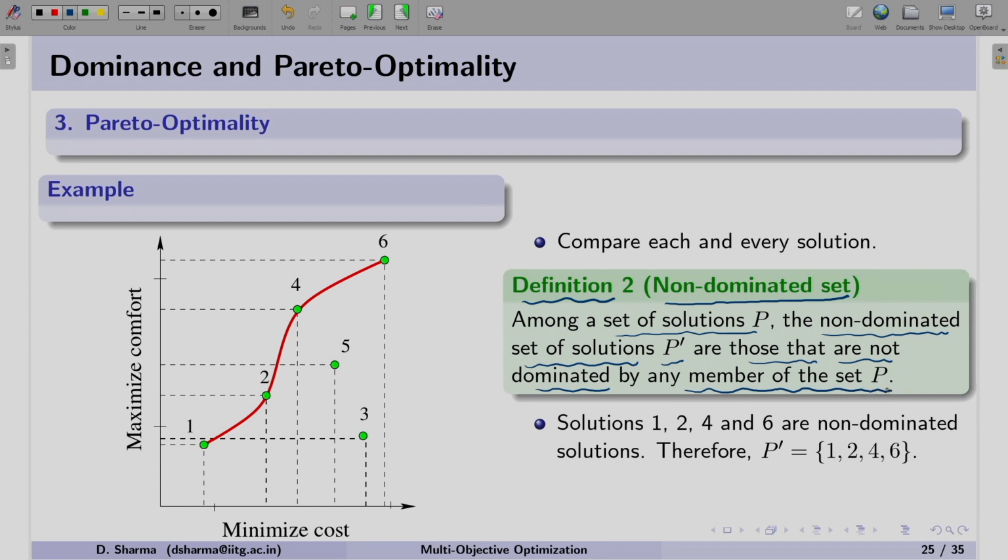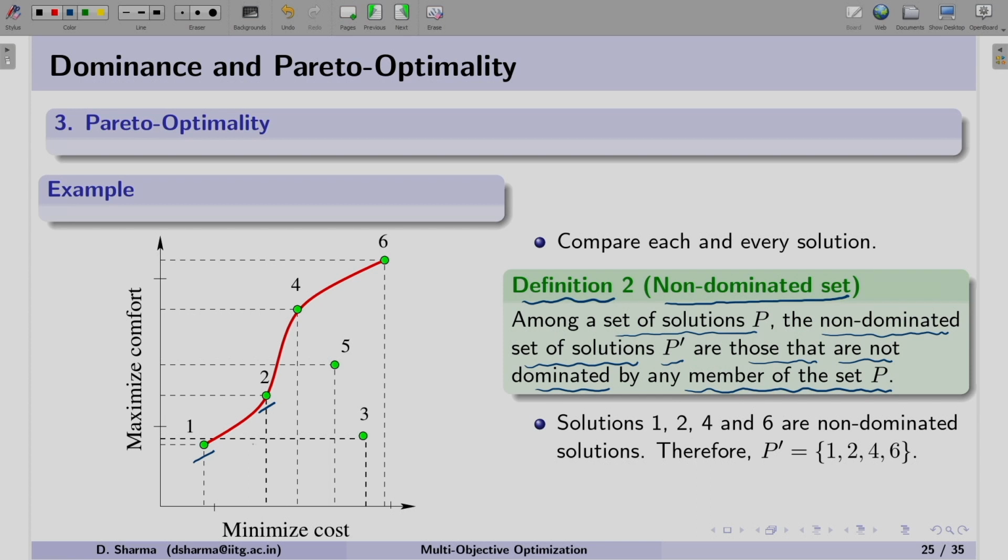Now, let us look at the figure here. We have 6 solutions. When I am comparing solution 1 with all, I am looking at whether solution 1 is dominated or not. Similarly, when I am comparing 2 with all including 1, I check whether 2 is dominated by 1 or not.